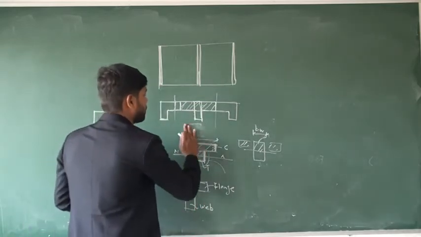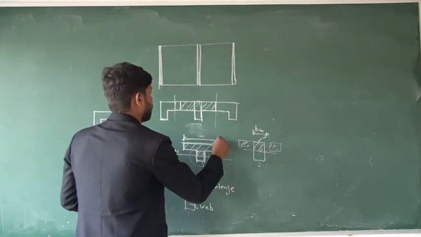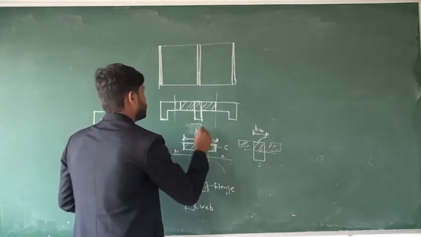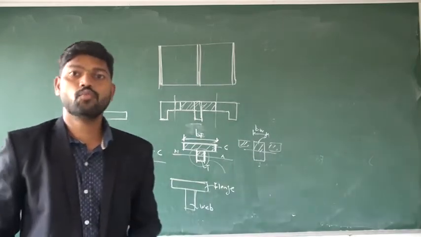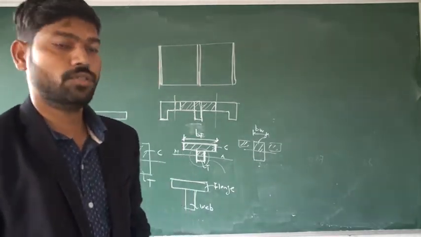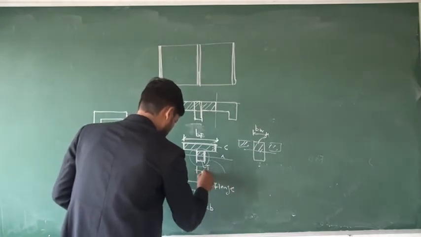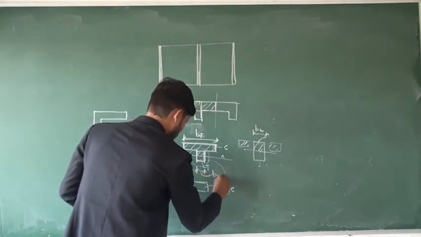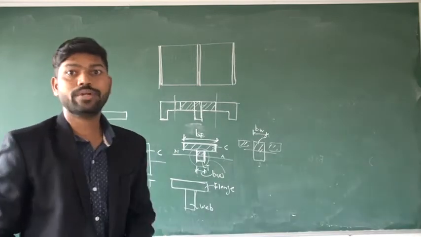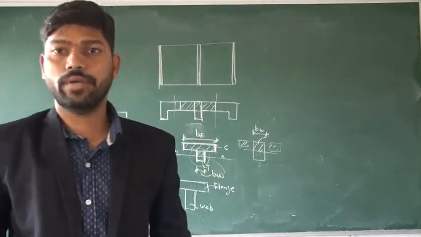This width of the flange is referred to as BF, the width of flange, and this is referred to as BW, that is the width of web.